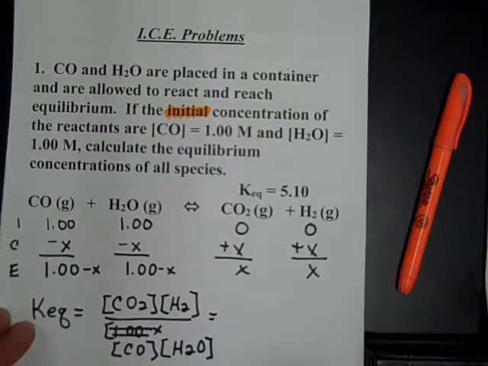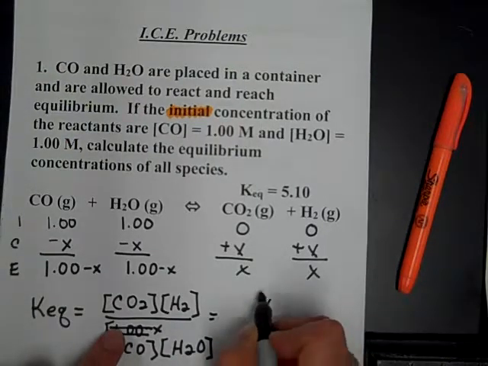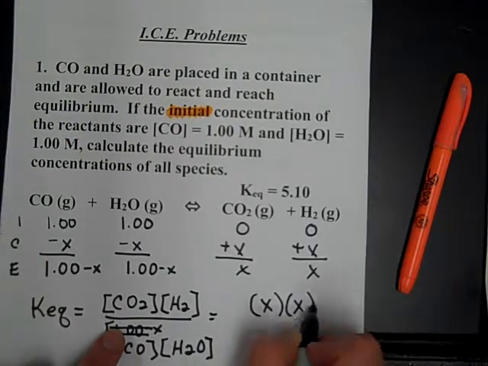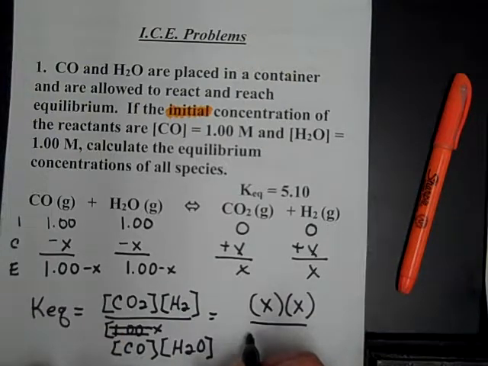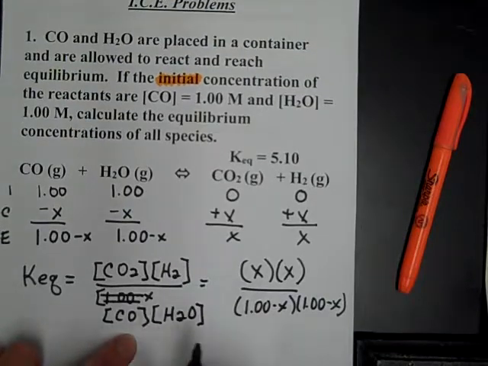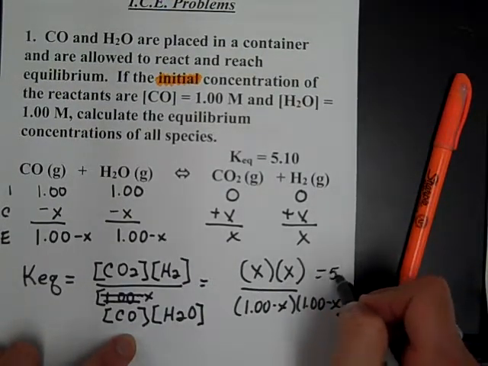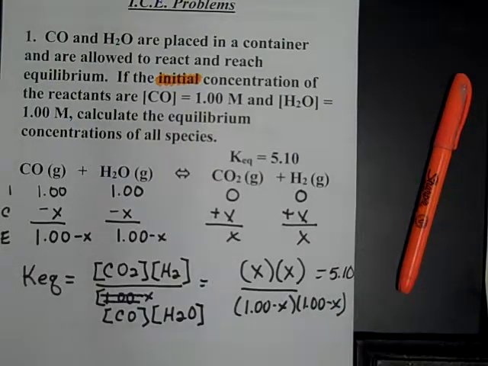And then I'm going to fill in the numbers there. So what do we have here? Well, numbers are variables. So we have X, and then we have 1 minus X and 1 minus X. I'm definitely running out of room here, but that's going to be equal to the equilibrium constant, which is 5.10.